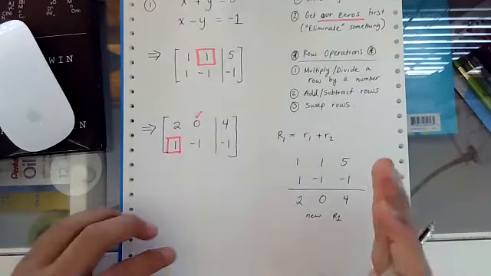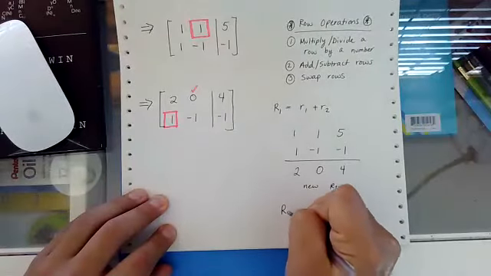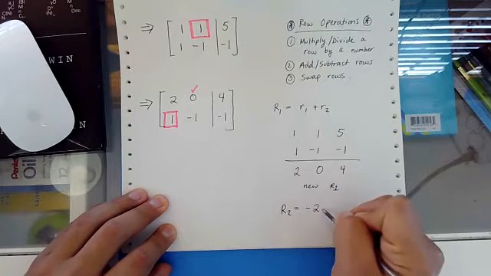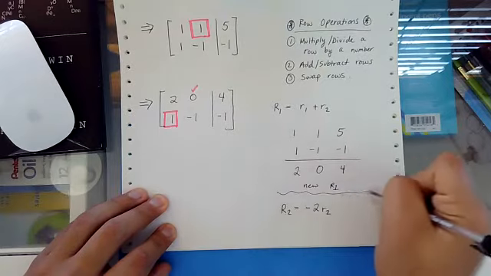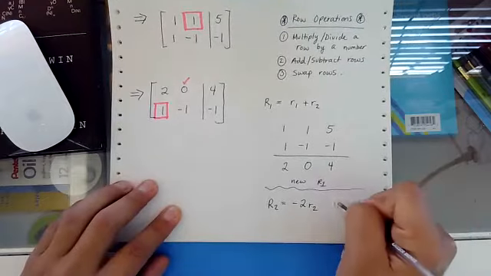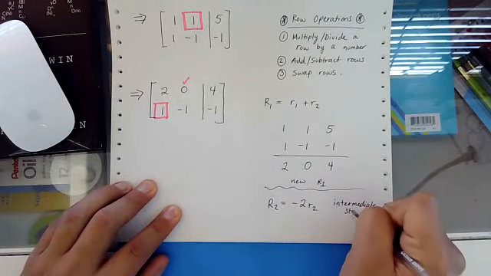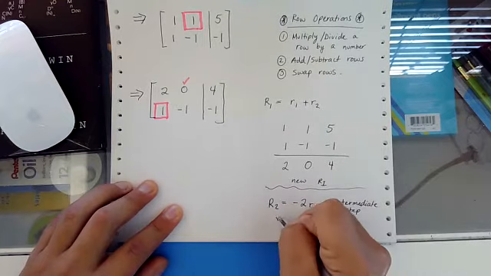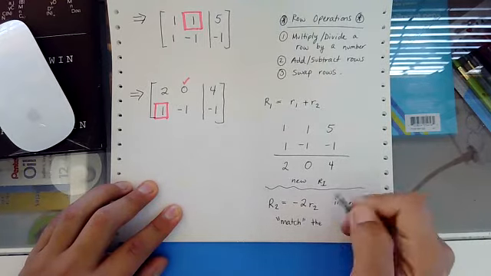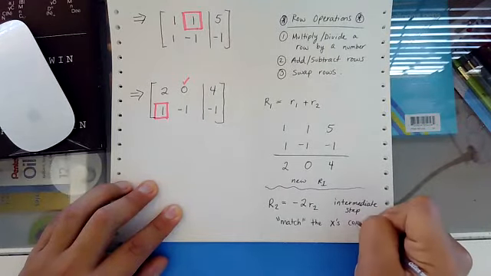So we can break it up into 2 different steps, right? We could take row 2 and then just take -2 times row 2. Let's just do that as an intermediate step. What this intermediate step is going to do is match the x's coefficients.